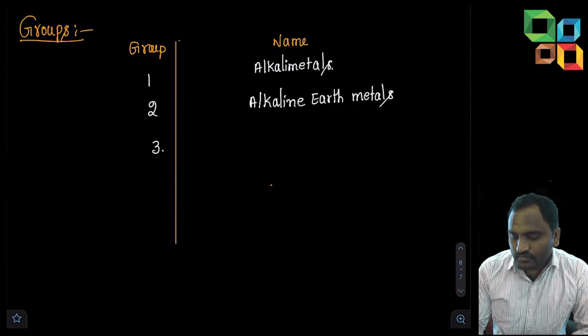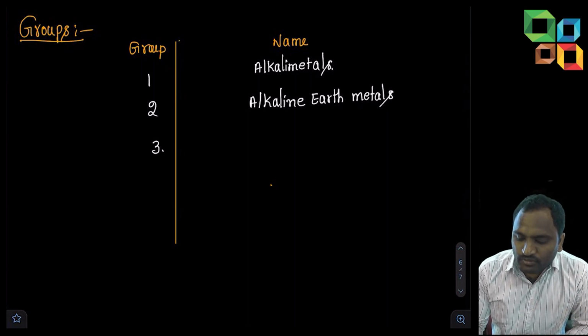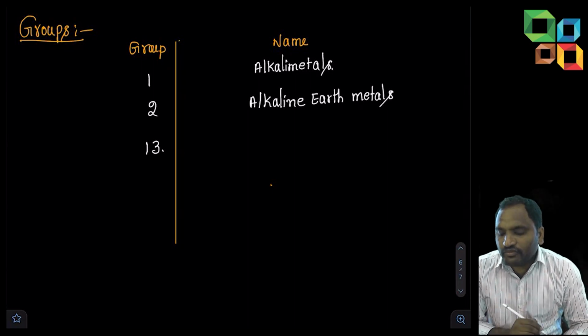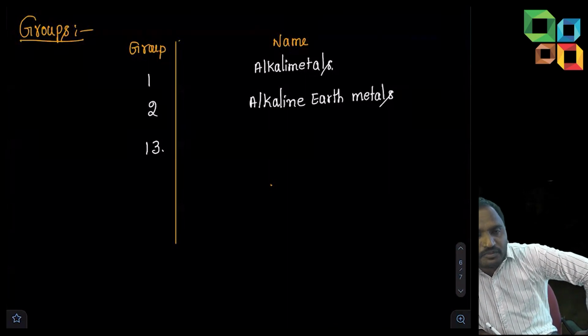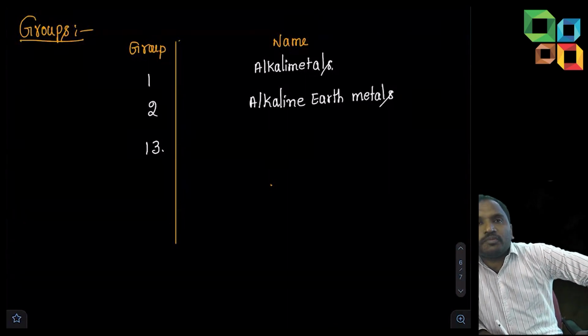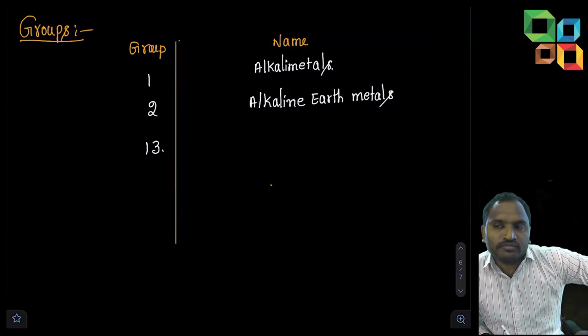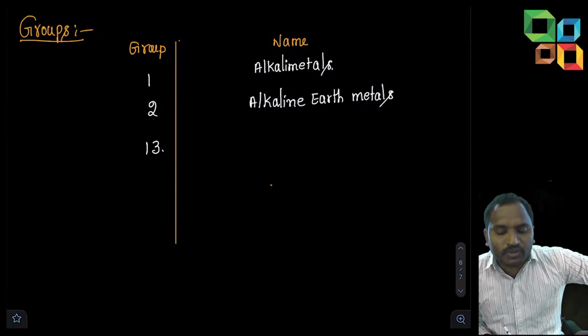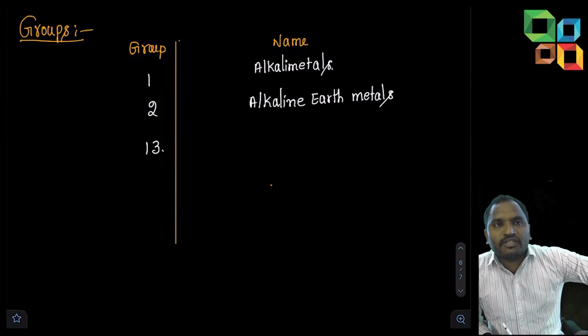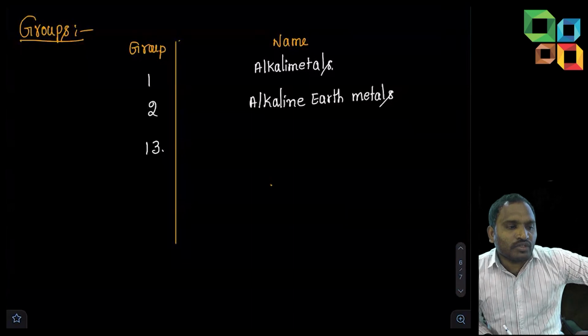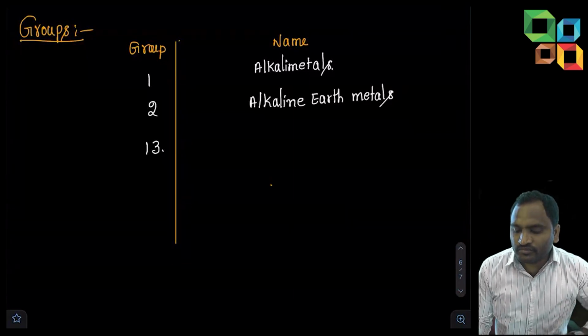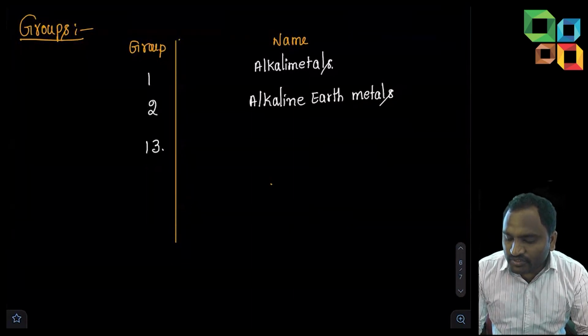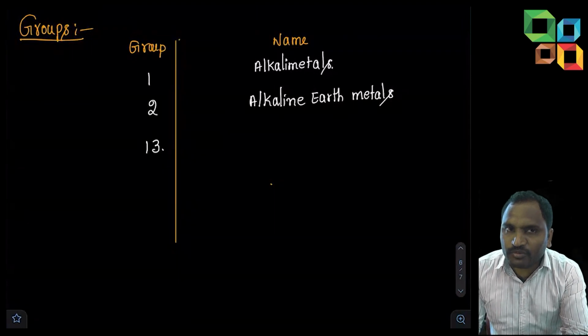Why do we call them alkaline earth metals? These elements' bases are also soluble in water. They are basic and soluble in water, and they are abundant in the earth's crust. Next one, 13 group elements, boron, aluminum.